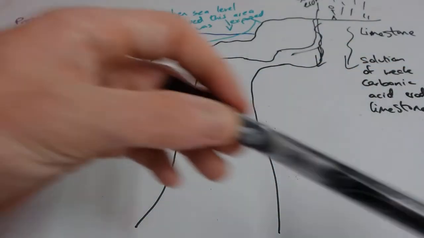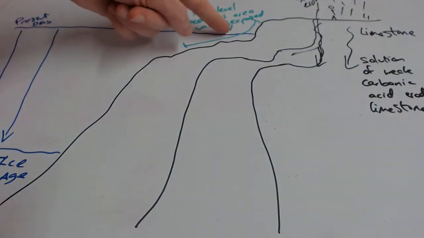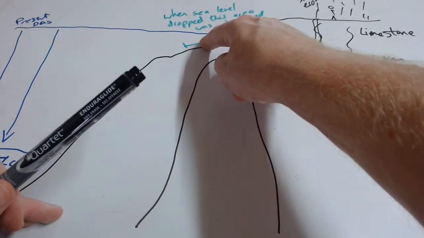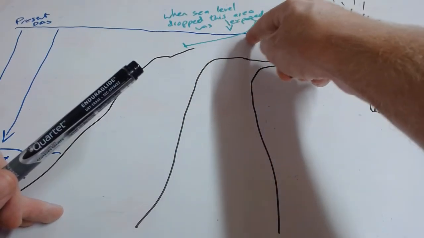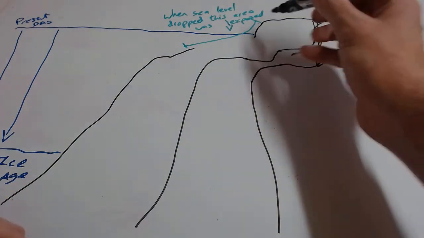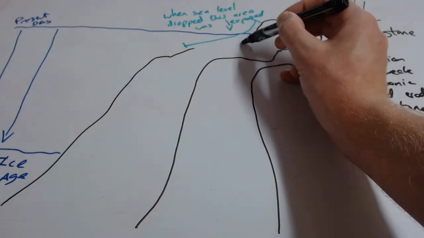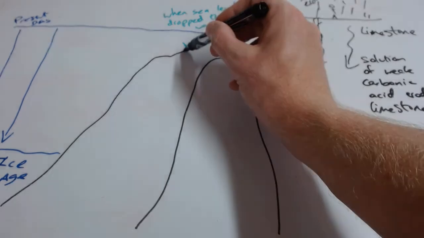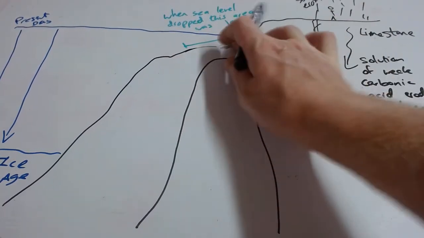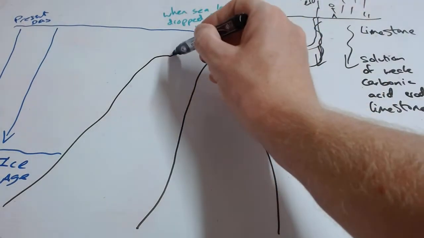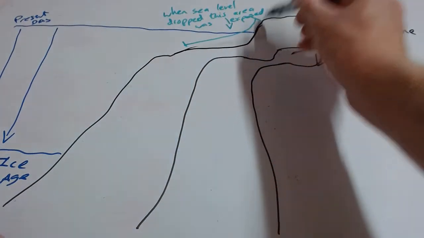Now, when this area up here then got exposed, this started to wear away. Like I said, I don't know if many of you have been to Dean's Blue Hole, but when you go in, it slopes down dramatically, like so. Maybe I'll make that a little bit thinner even. So this would have been eroded away like that.